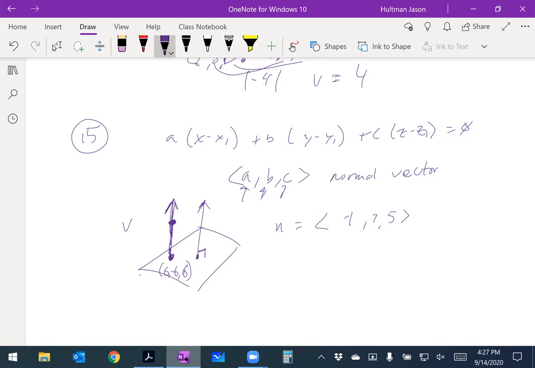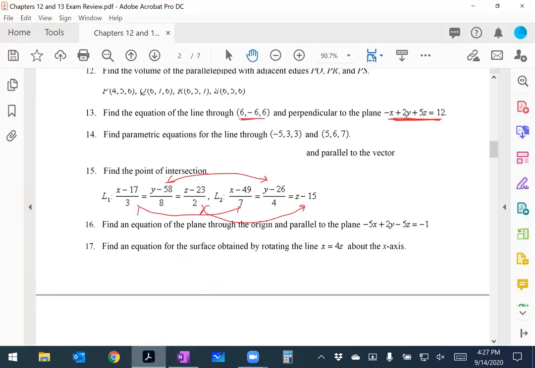For this line, it goes through a point P naught of 6, negative 6, 6, and has vector V of negative 1, 2, and 5. It's asking for the line through this point and perpendicular to this plane. Well, the normal vector is always perpendicular to the plane. That's how we get the equation of a plane.